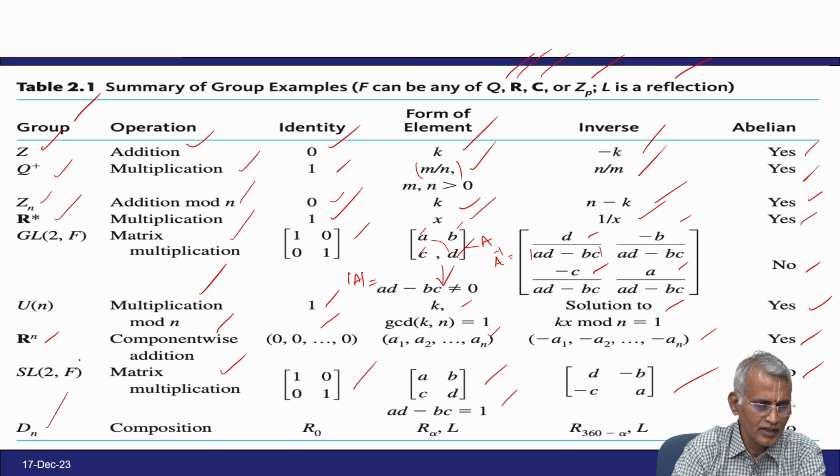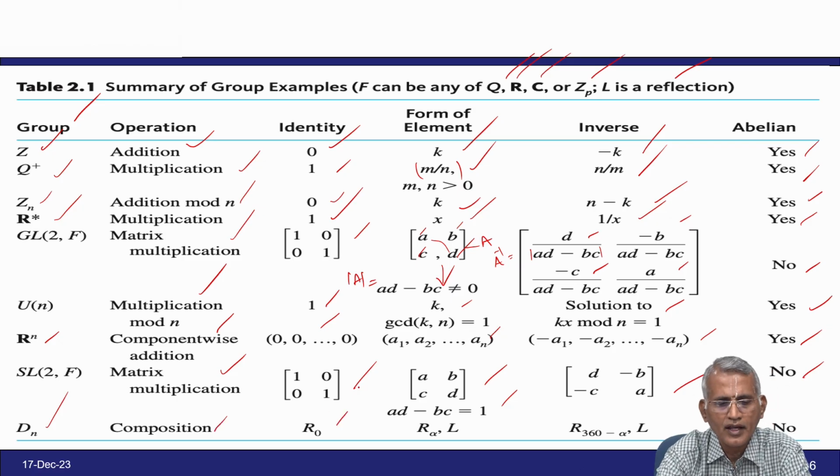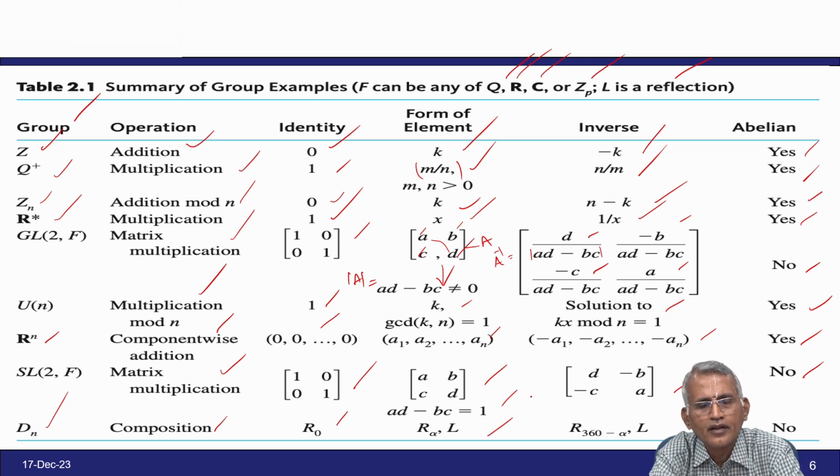Next one is D n. D n stands for the dihedral group under composition, and the reflection by 0 acts as identity because it lies in the same plane. R alpha comma L is the corresponding form of the elements, with rotations of 0, 30, 45, 60, 90, 180, 270, 360 and so on.